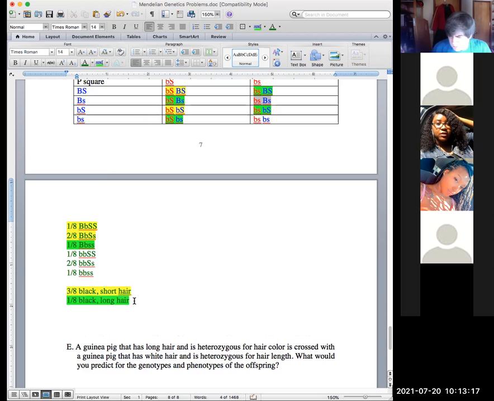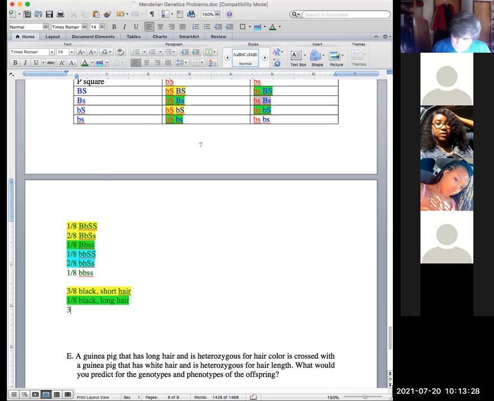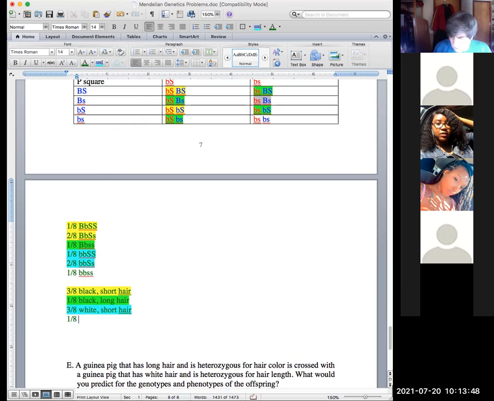And notice when you work a problem, you don't have to use all the highlights like I am. I'm just doing it so we can keep track of what we have here. Then we have 3/8 that have 2 little b's, so they have white, and then they have short hair because they have at least one big S. And then finally we have 1/8 that have white, long hair.